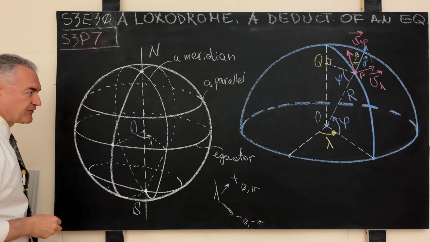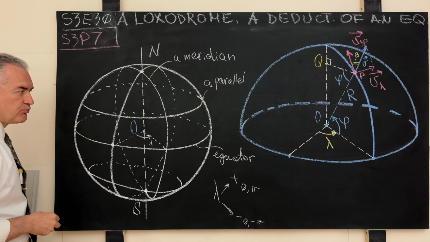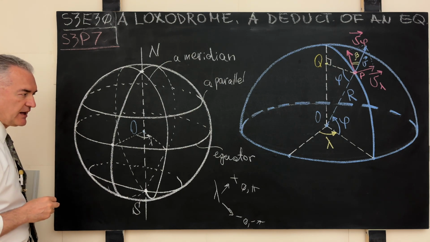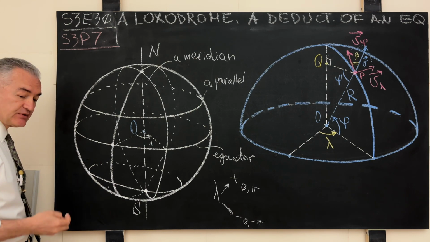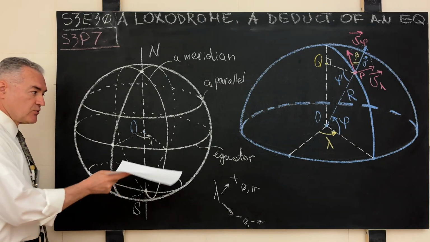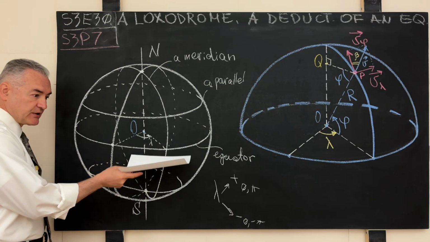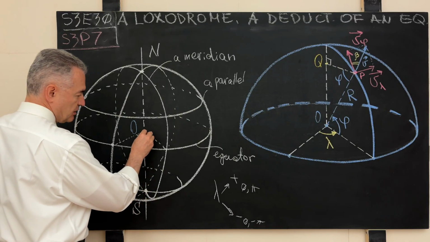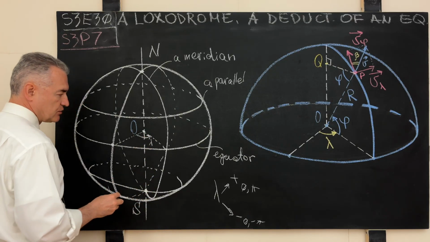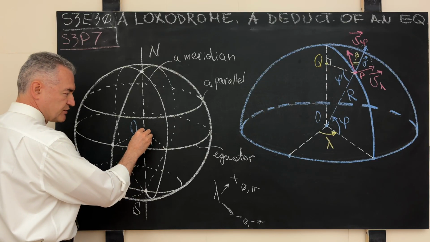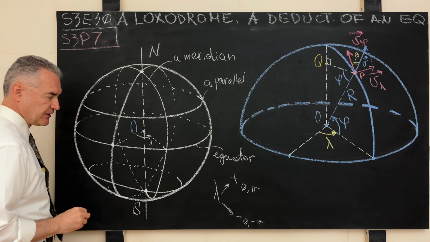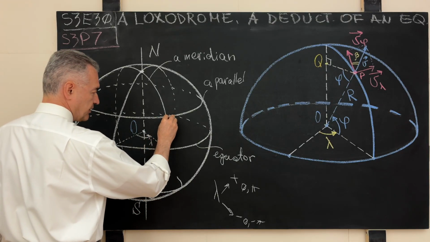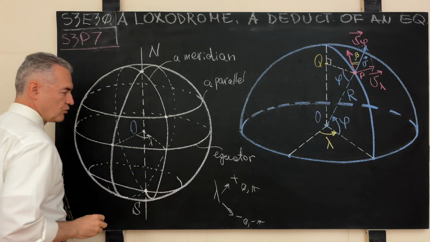because any point on the sphere will have a certain angular displacement with respect to the equatorial plane, or with respect to the equator, and this angular measurement is constructed as follows. We take the center of the sphere to be the center of the corresponding angle, and let's say here we have our point located over here.